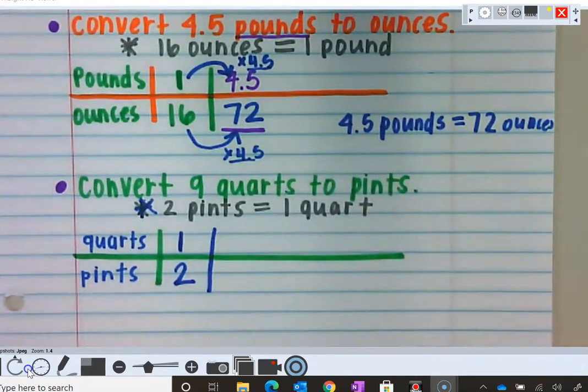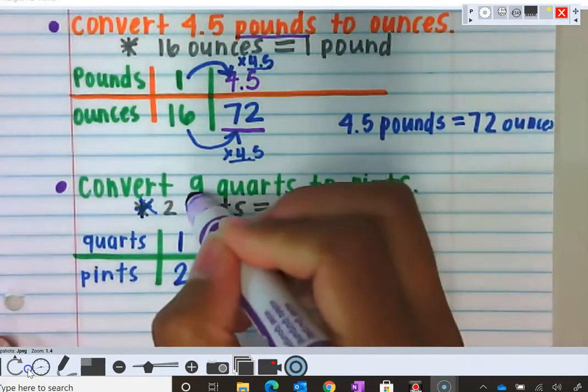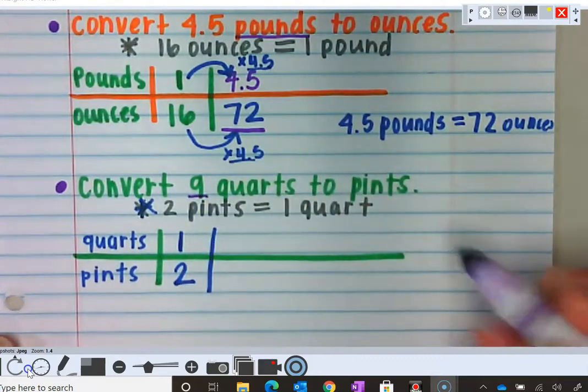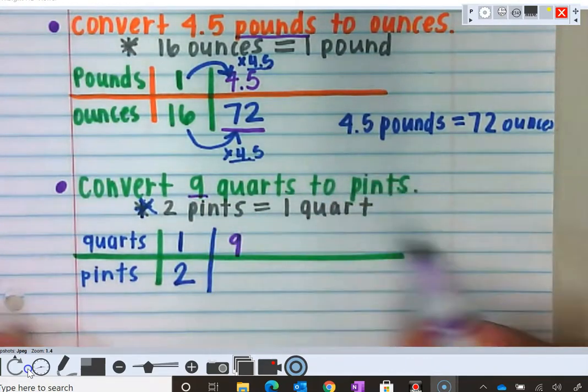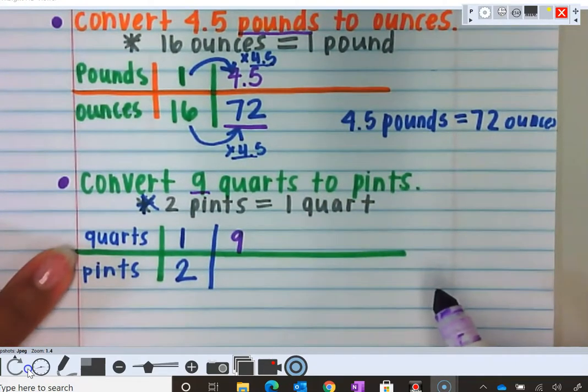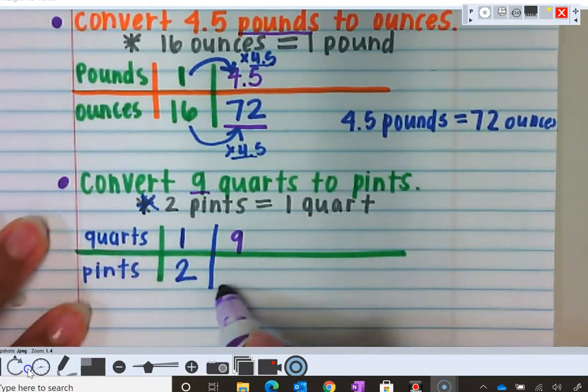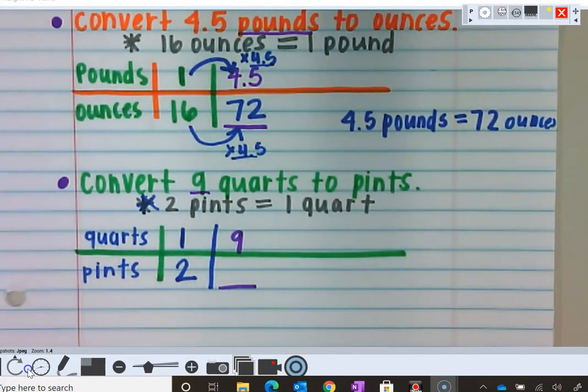So now we have to figure out, what are we solving for? Where are we trying to go with this scale factor? Well, it says that we have 9 quarts. So I'm going to write 9 on the top where we have our quarts. And we want to figure out, how many pints is this? And so how are we going to find our answer?